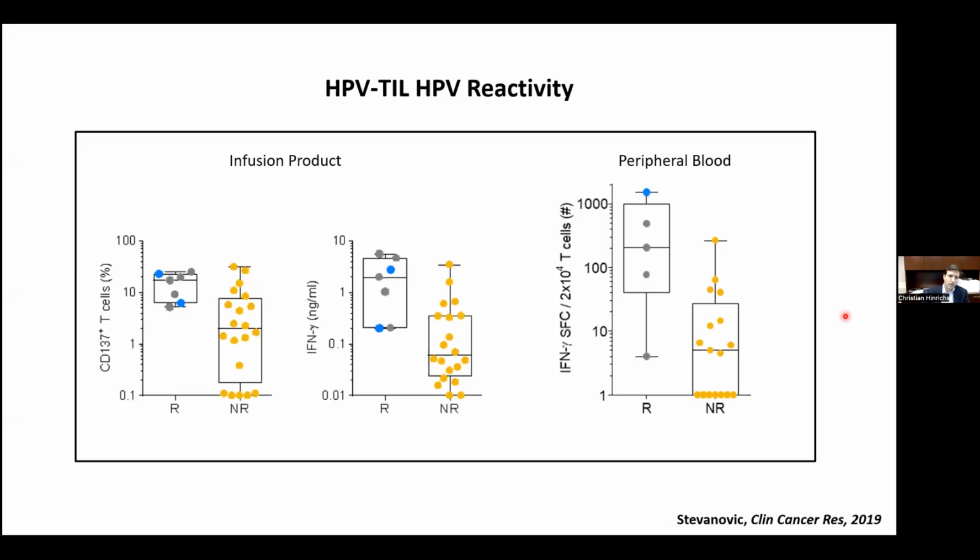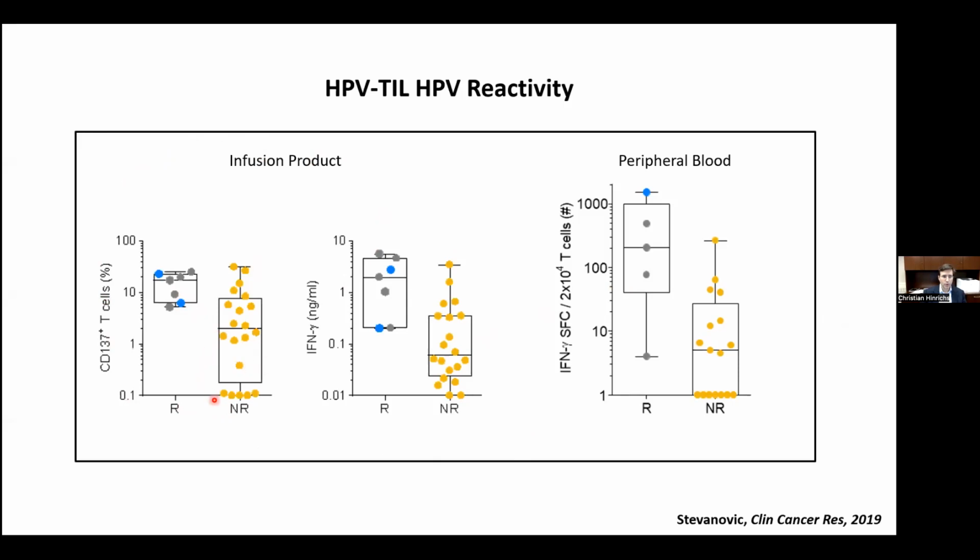So we're trying to understand response and resistance. One important biomarker that we looked at was the reactivity of the cells that we gave against the HPV oncoproteins. What we found was that there was a correlation between HPV oncoprotein reactivity of the infused cells, that's on the left side here, in responders versus non-responders.